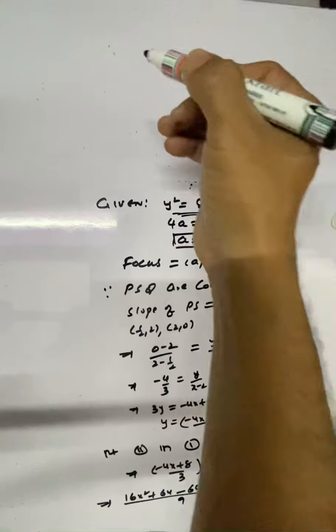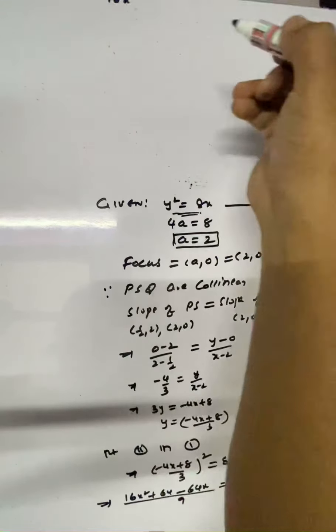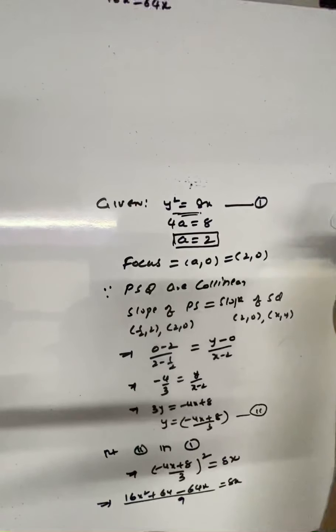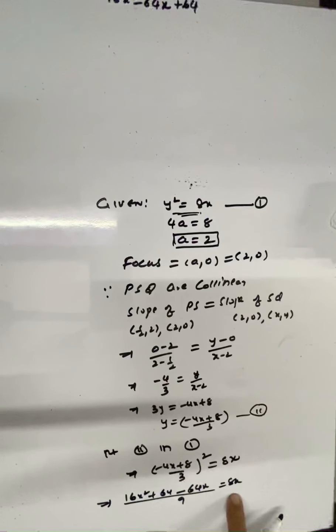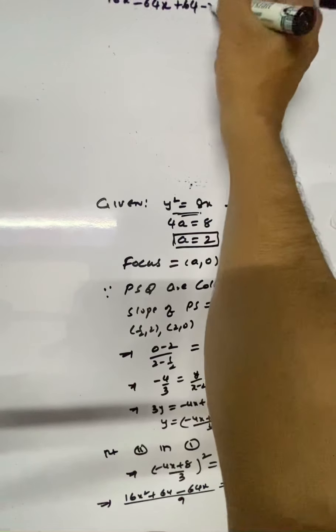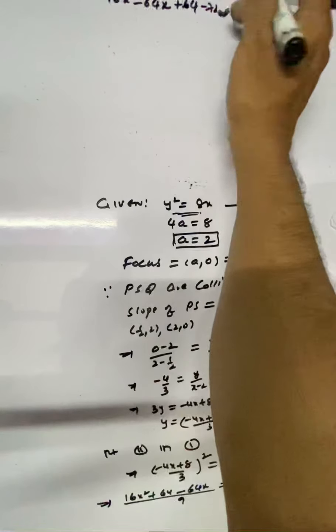By cross multiplication, 16x square minus 64x plus 64. Cross multiply, 9 times 8 is 72, left side minus 72x equals 0.